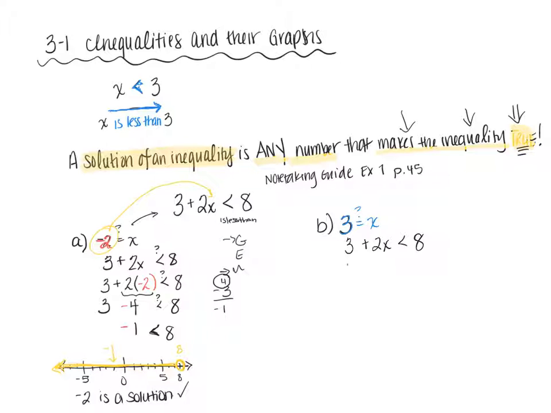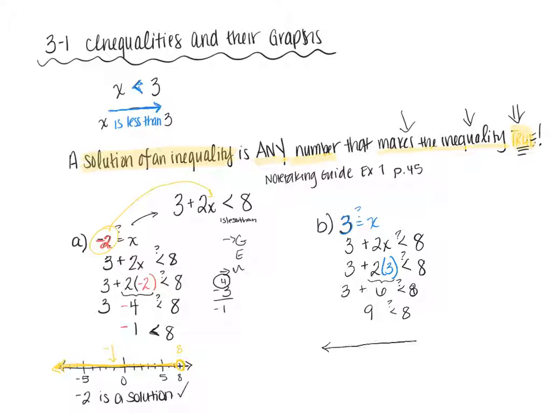Could 3 equal x and keep my inequality true? Well, notice that you have to end up doing your multiplication first, 3 plus 6, and I want to know if 3 plus 6 is less than 8. 3 plus 6 is 9.